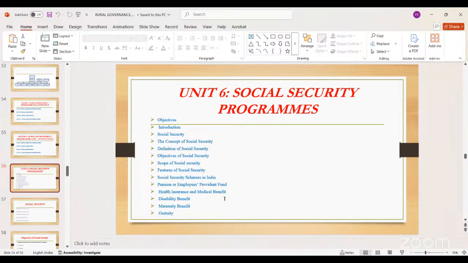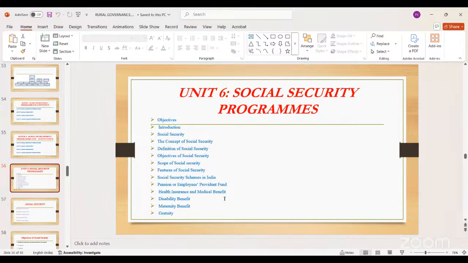So that's why social security legislation in India derives its strength and spirit from the directive principles of state policy, which is contained in Part 4 of the constitution. Then social security is nowadays increasingly being seen as an integral part of the development process. We can see a lot of programs being run by the government, both at the center and state level, which try to promote social security.